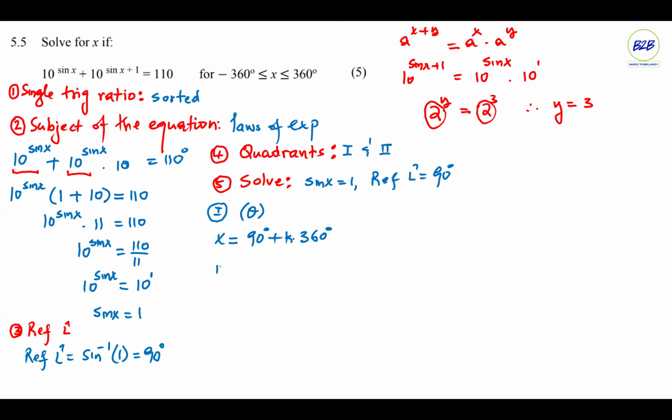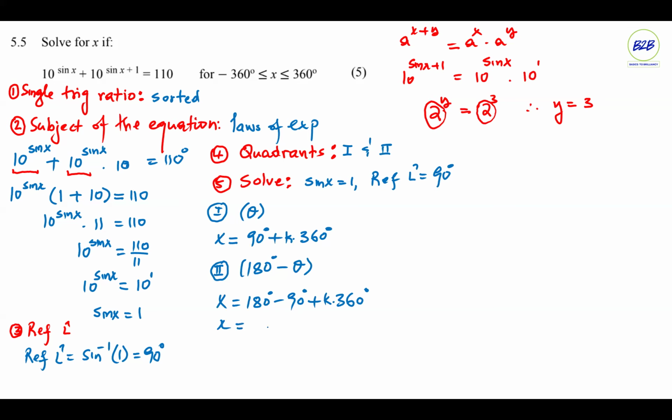Then going to the second quadrant, which is quadrant 2, where we have the reduction formula 180 degrees minus theta, where theta is our reference angle, which is 90 degrees. Then x is equal to 180 degrees minus 90 degrees plus k times 360 degrees.